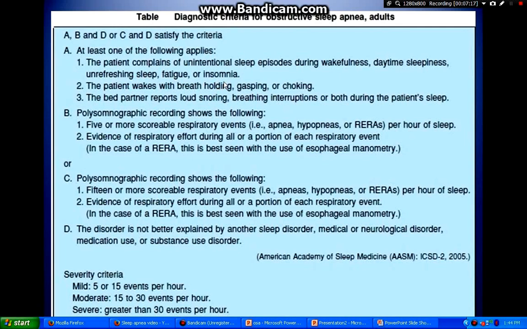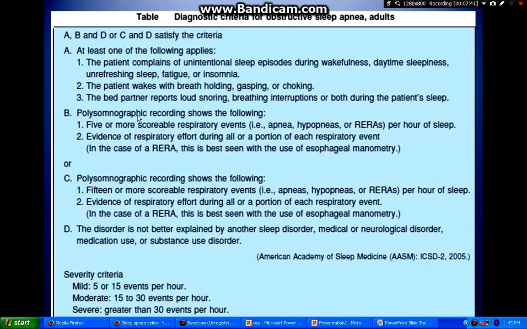These clinical features are number one. Number two is the patient waking with breath holding, gasping, and choking. And third is about the partner. The partner can also complain of breathing interruption and loud snoring, or both, during the patient's sleep.